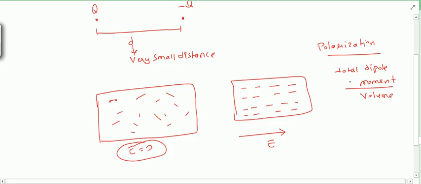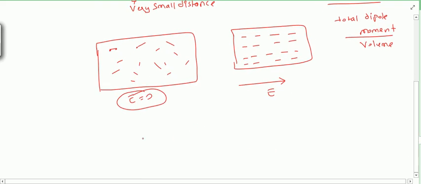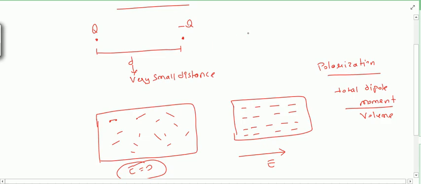Per unit volume is known as polarization. So what is this dipole moment? When these charges are placed at a very small distance, they have a certain quantity which is Q times d. So this is a dipole moment.